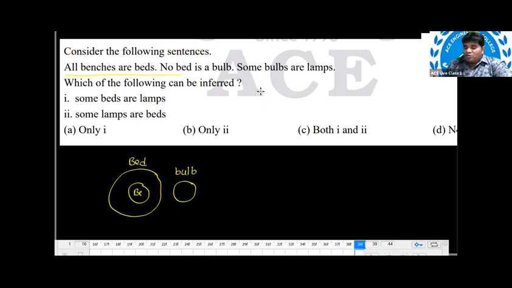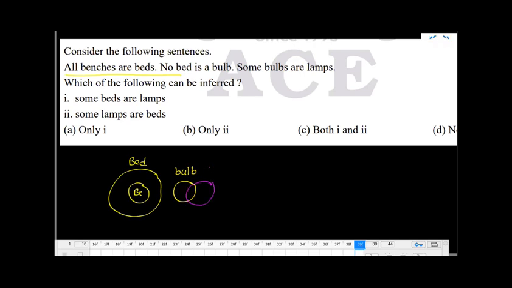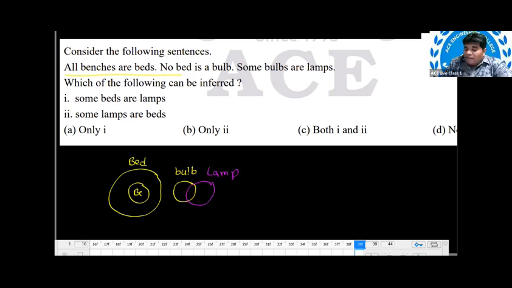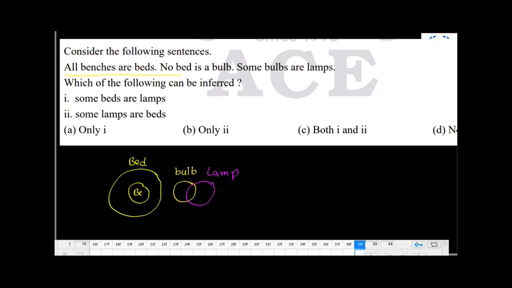Some bulbs are lamps means there is an intersection. There is a relation between bulb and lamp. But is there any relation between lamp and bed, or lamp and bench? No, sir.